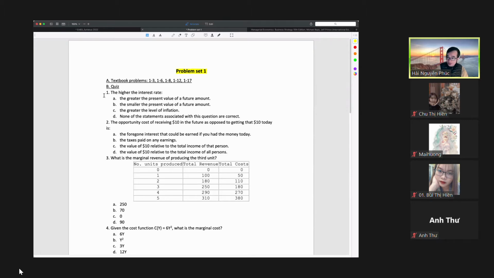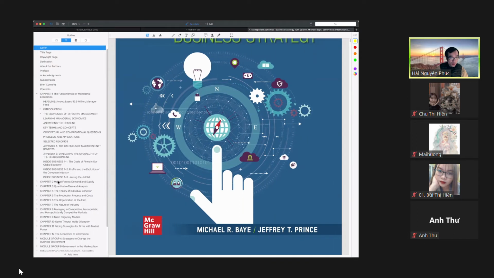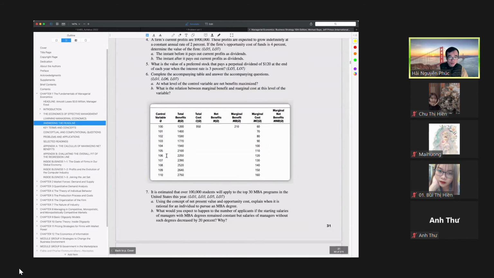It contains 2 parts, and part A is the textbook problems. For example, 1.3 stands for chapter number 1, problem number 3 in the textbook. For example, here's the textbook. It is required to do chapter number 1, problem number 3.